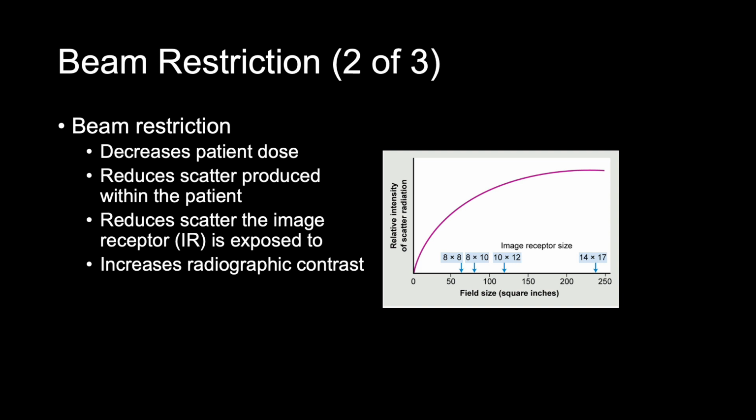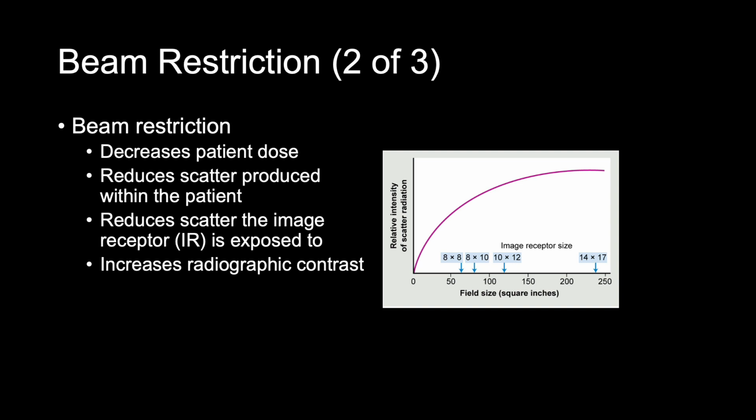The relationship between collimation or the field size and quantity of scatter radiation is seen in this diagram here. You can see on the left side, it's relative intensity of scatter radiation going from 0 all the way up. And then on the bottom of the chart is the field size in square inches. So you can see if we have 8 by 8, it's maybe about 25% of relative intensity.